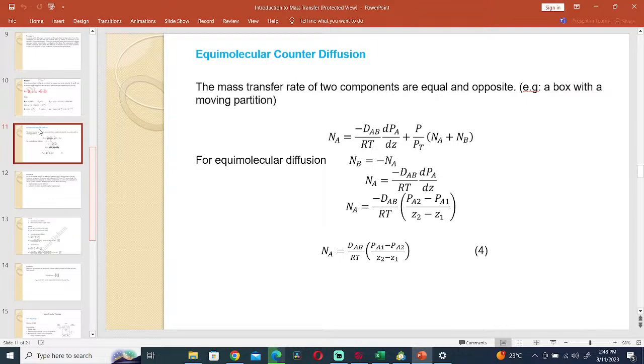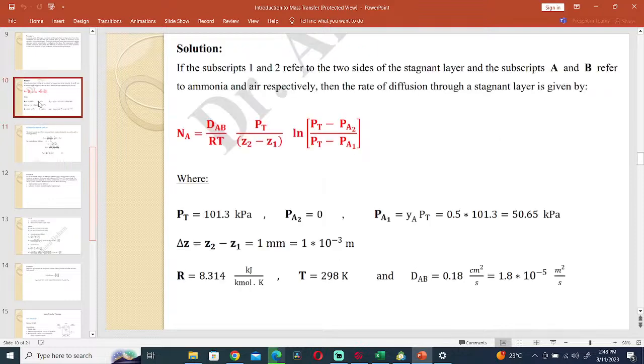The diffusivity of carbon dioxide in air at these conditions is 8.2 times 10 to the power minus 6 meter square per second. Calculate the rate of transfer of carbon dioxide across the two planes, assuming first equimolecular counter diffusion, and second, diffusion of carbon dioxide through a stagnant layer.